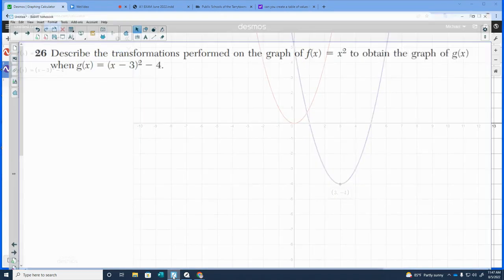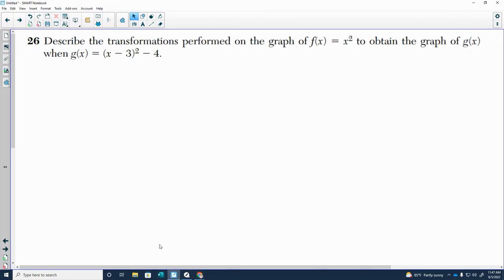So I'm going to go back here to this problem. It says, well, what happened? Well, describe the transformation. Technically speaking, that's called a translation, but I don't need to be that technical here.